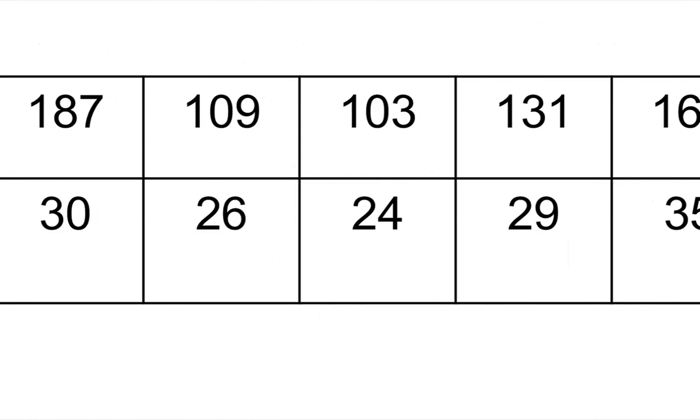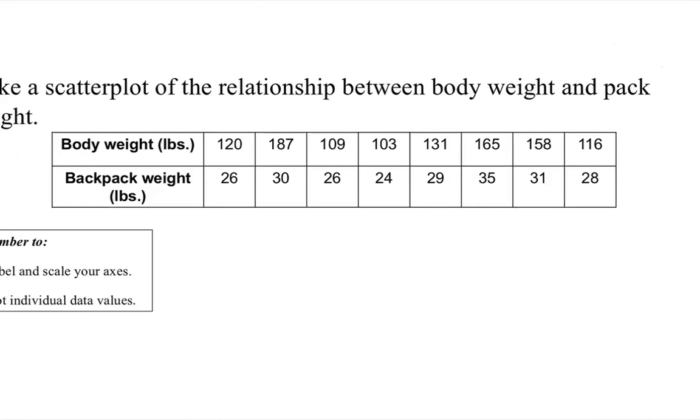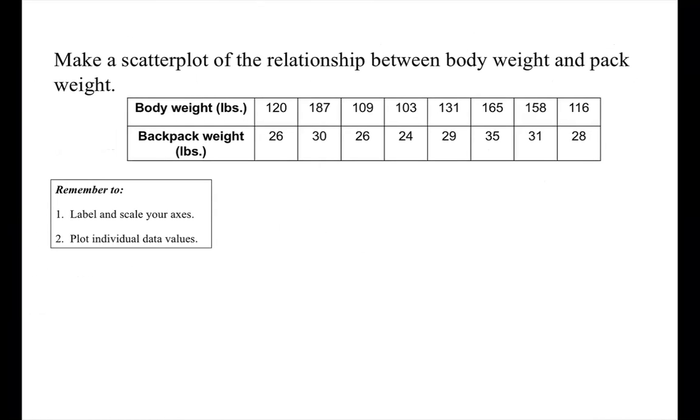So it's 1, 2, 3, 4, 5, 6, 7, 8 students. I'm guessing they're students since they had backpacks, but they could not be. So 8 people. We're trying to see if there's a relationship between a person's body weight and a person's backpack weight. That's why we do this.